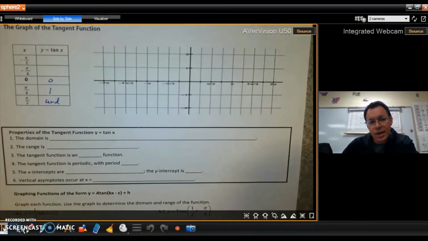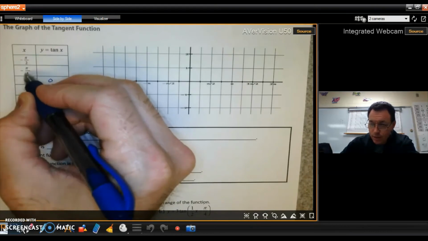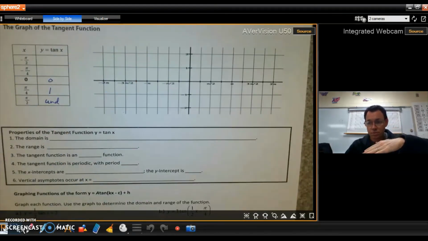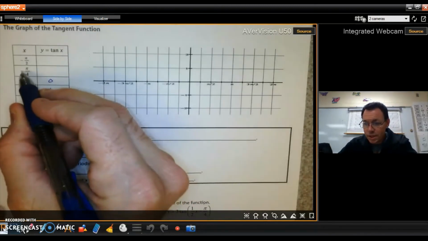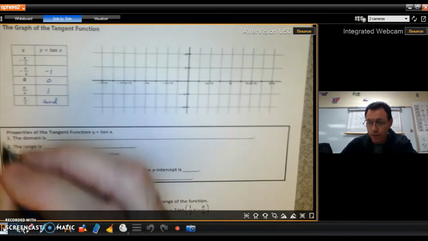Okay, so that means, look at these. Now, these are negative angles. Well, all that means is they're in quadrant 4. Well, what is negative pi over 4? It has the same reference angle as pi over 4, but tangent is negative in quadrant 4, so that's going to be -1.